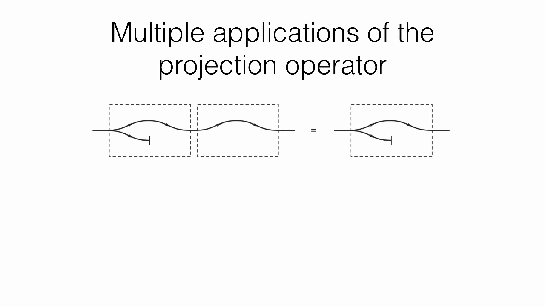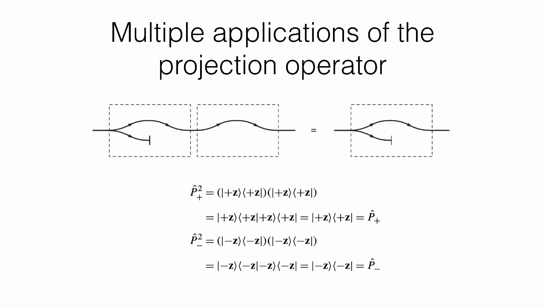Now we understand a little bit better also what happens when you apply the modified Stern-Gerlach experiment multiple times. All we have to do is use the chain rules for the bra and the ket. What's interesting when we apply two projection operators is that we end up with brackets plus z with plus z, or minus z with minus z, which we all know.